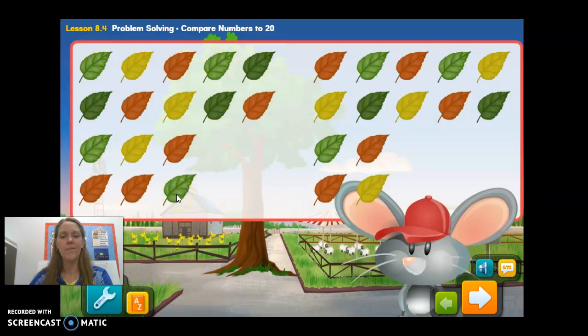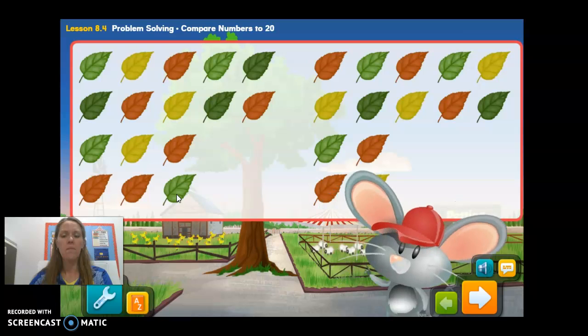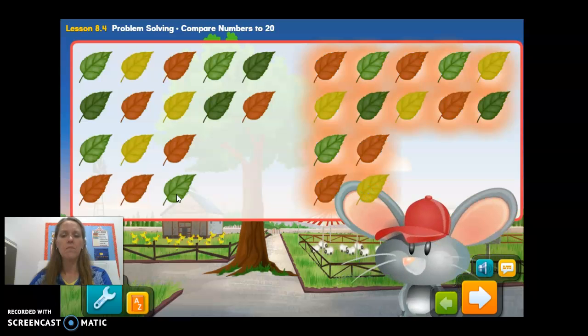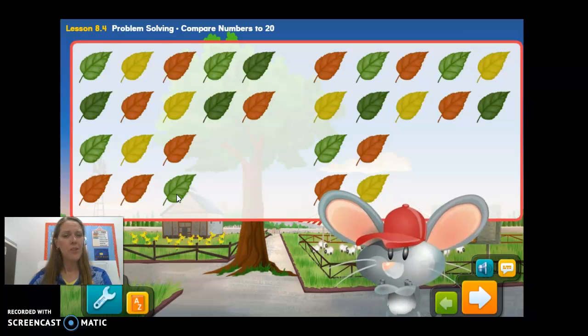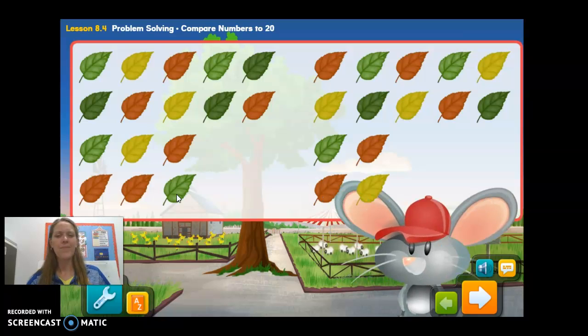Phew! 16 leaves. But now look at this group. It looks to me like there are fewer leaves. What do you think? So then, which group has more leaves?